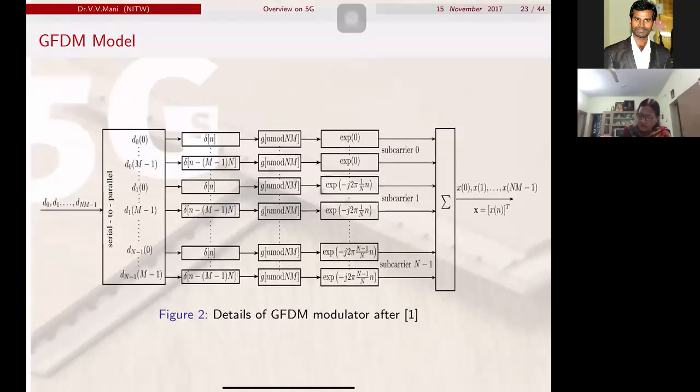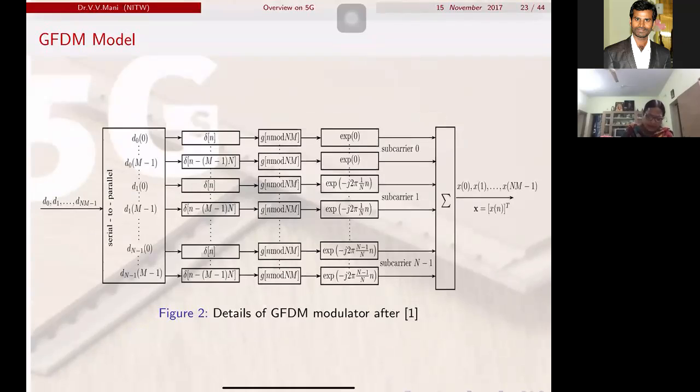So this 0 subcarrier data is given to your GFDM modulator, summed up. Then I'll take the next stream of symbols, map the stream of symbols into a prototype filter and port it onto the next subcarrier.